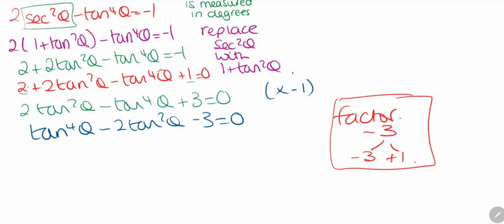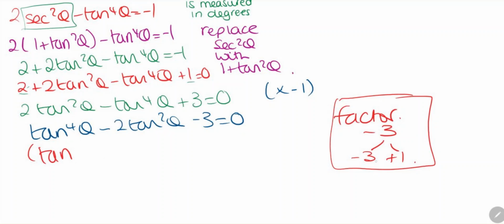And I have a tan to the 4th and a tan squared, so this is like my tan of x.